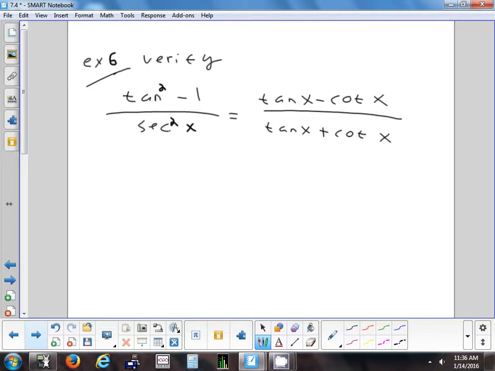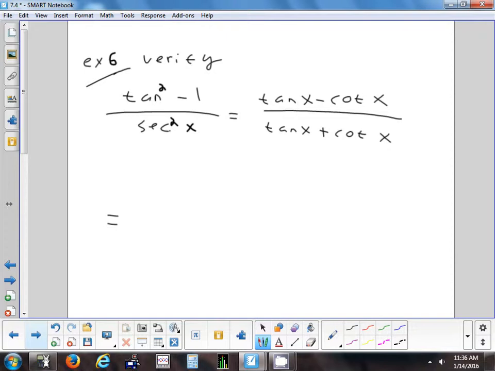All right, so let's take the right-hand side, and what could we do first with it? Turn them into sines and cosines. Yeah, that's really all we could try at this point. We'll change everything to sines and cosines, and hopefully after we do that, denominators cancel.